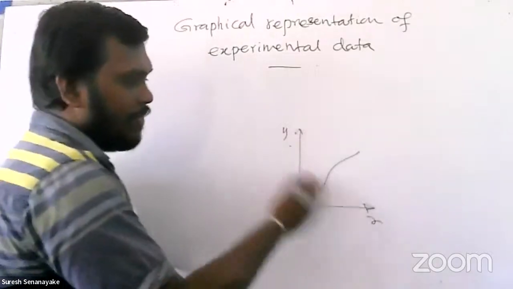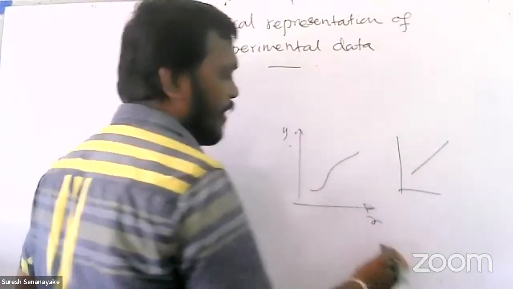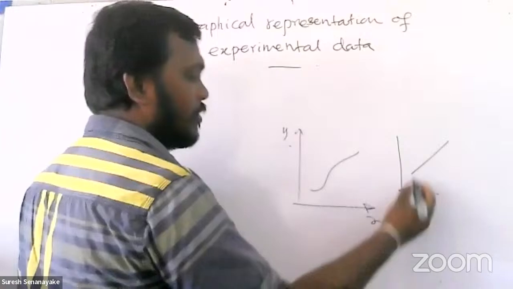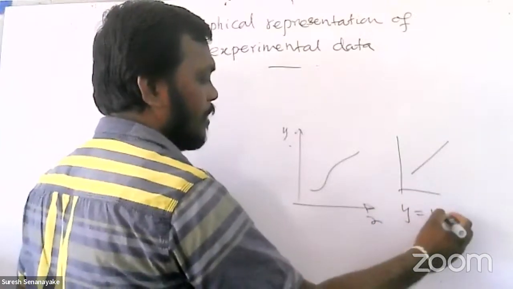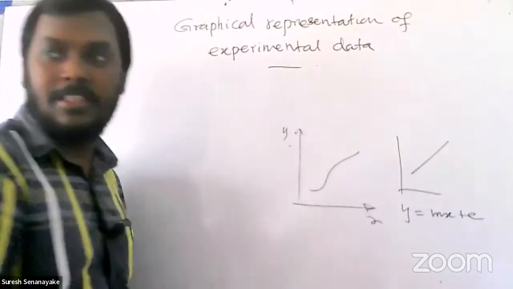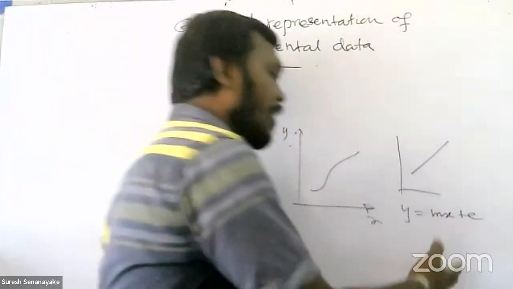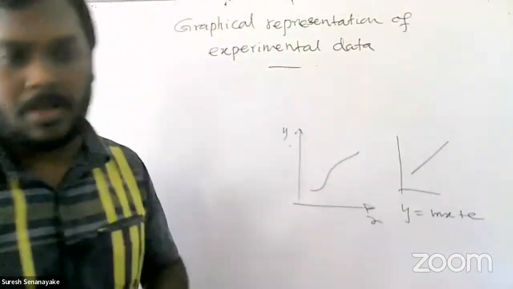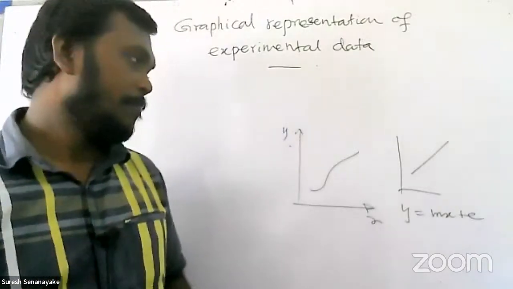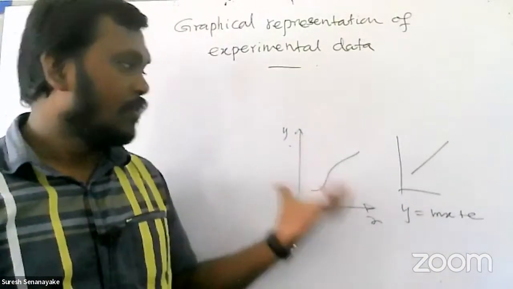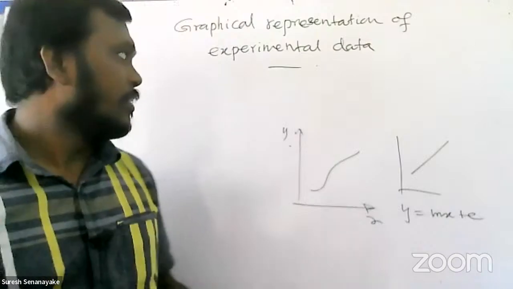If you know that it is a linear graph, then you can get the relation. According to this graph, y should equal mx plus c type. Likewise, if x varies, how the other parts vary, and then you take some data and can calculate the unknown things using this data.